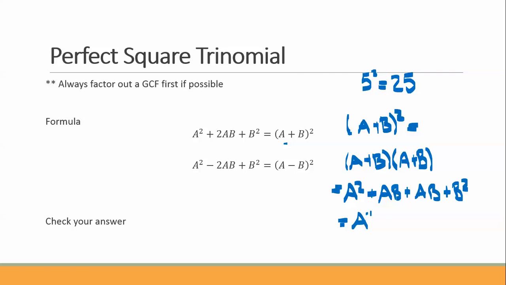Combining like terms, we have a squared plus 2ab plus b squared. That's where the formula comes in, and that's what the formula looks like. This 2 comes from these two terms here. And if it's minus here, it's minus in the factoring also.